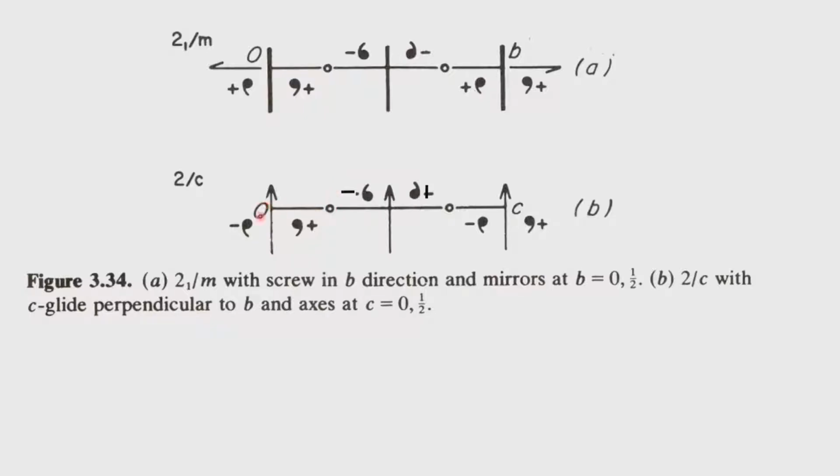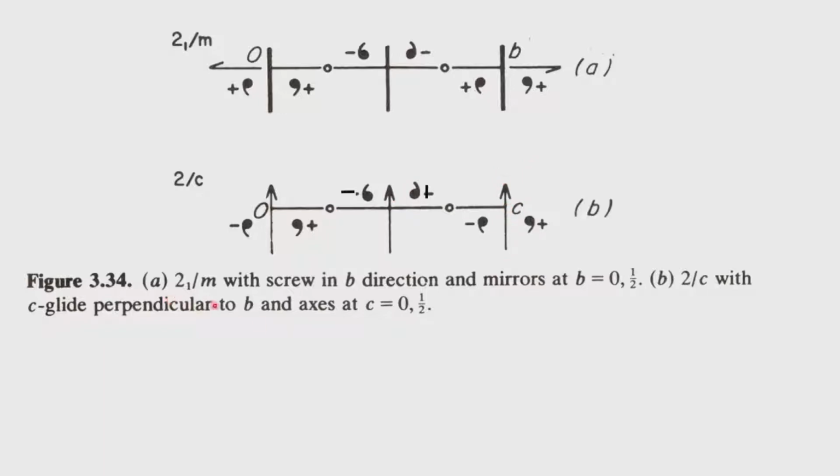The O is now moved over here. What therefore happens to the non-translation symmetry element? What is the non-translation symmetry element that is involved here? It is the two-fold axis. So, the two-fold axis now moves by 1/4 away from the center of symmetry. That will also generate the symmetry at 3/4.